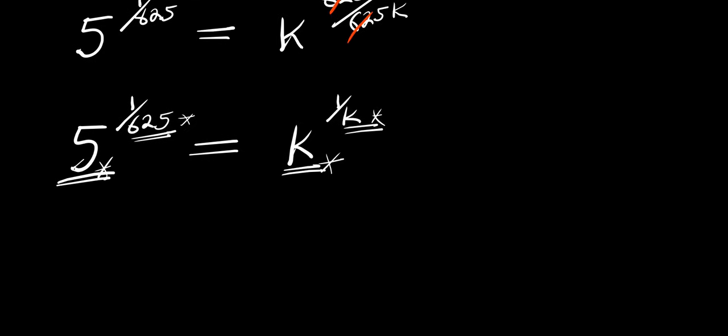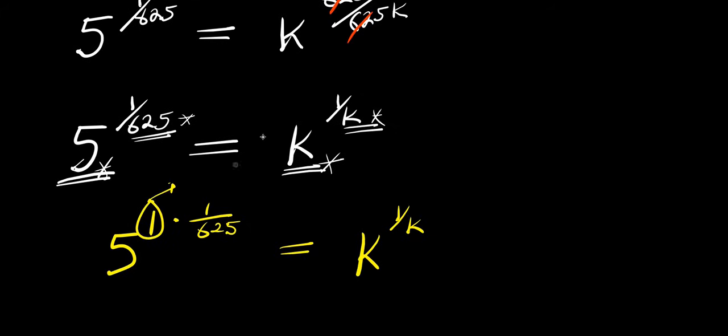So in order to achieve this, we can consider making use of this trick here. I can raise this 5 to the power of 1. I have 5 raised to the power of 1 times 1 over 625 equals k to the power of 1 over k.